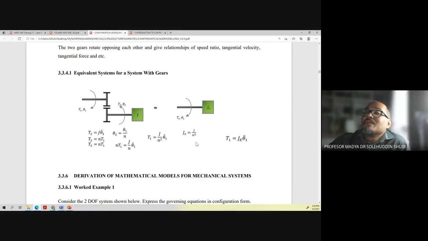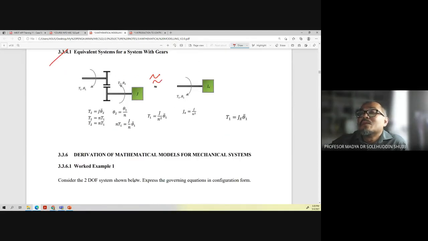You can relate NT1 equal to J over N theta double dot 1. So it's going to be T1 equal to JE theta double dot 1. This is just a brief explanation. Now we want to go through work example 1.